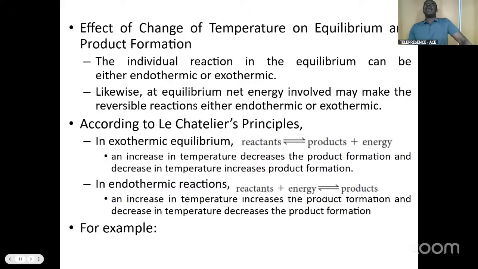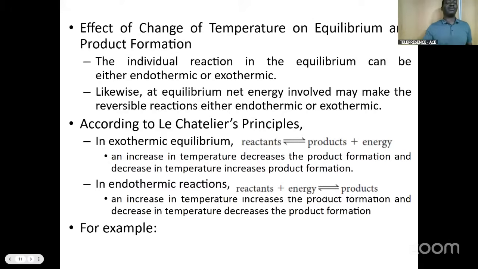Now, a reaction can be classified as either exothermic or endothermic. A reaction is exothermic when heat is lost. In one word, for an exothermic reaction, heat is part of the product.